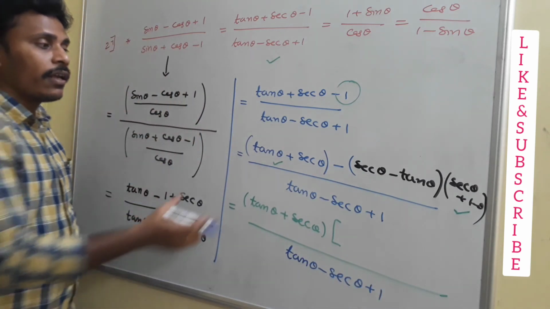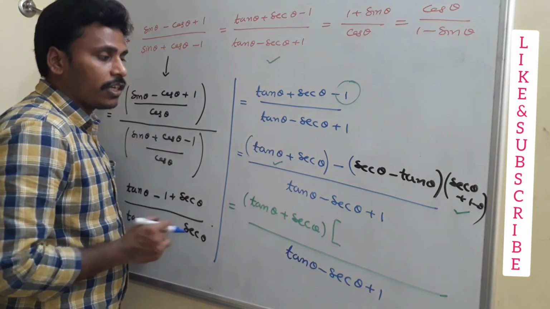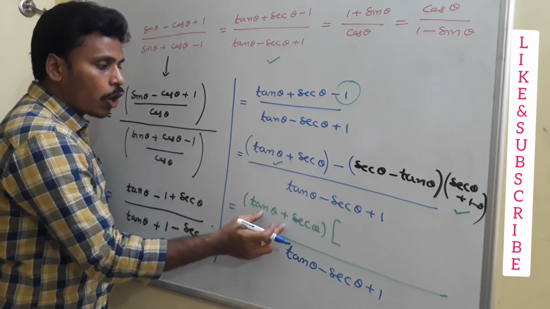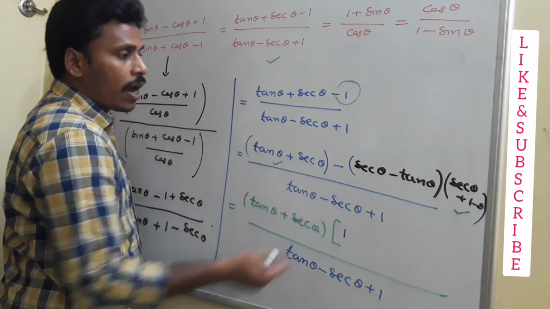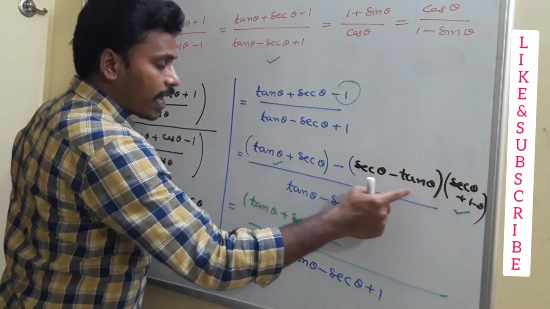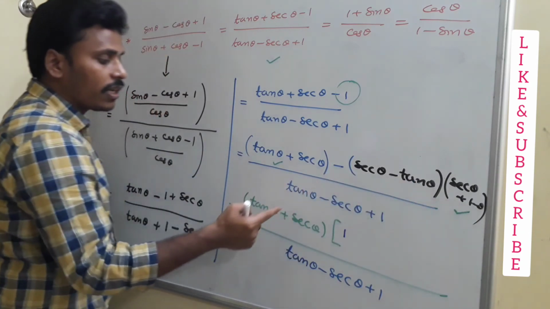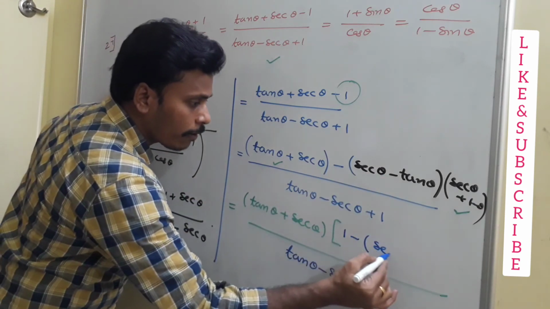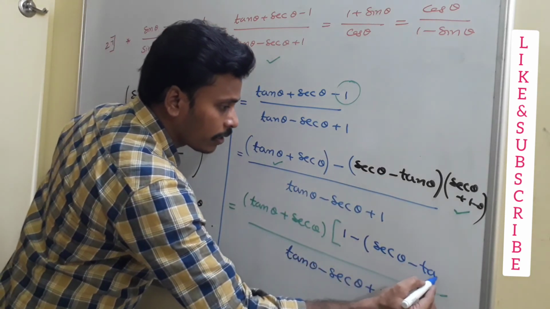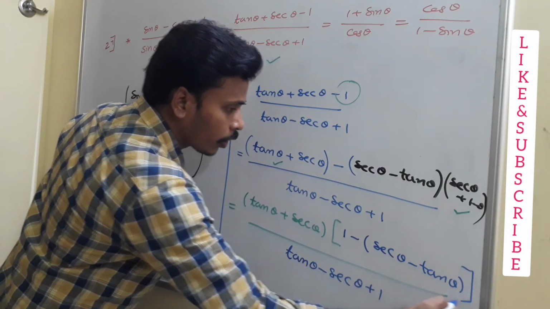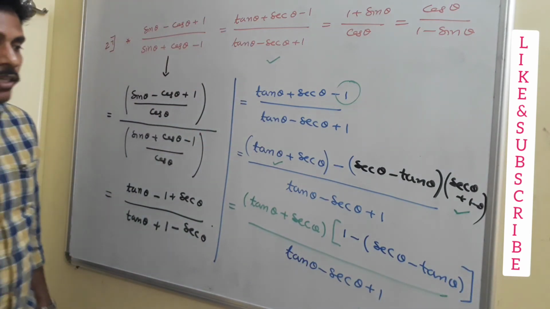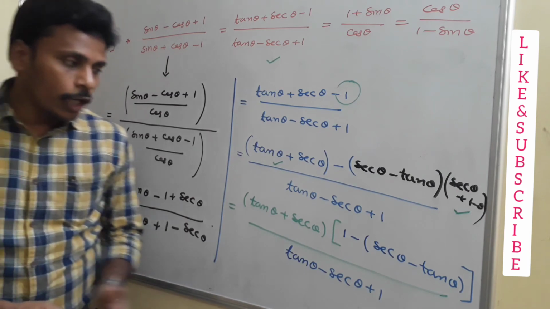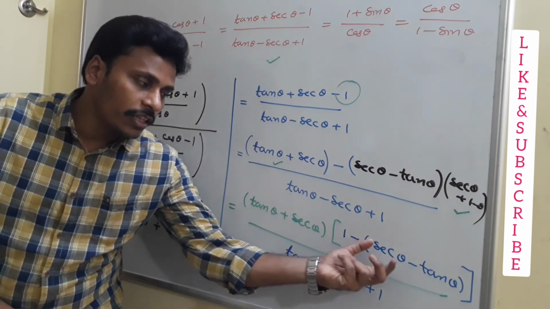In the numerator, if you common out tan theta plus secant theta, I write it outside, so 1 is left from the first term. And from the product, write the secant theta plus tan theta outside. You are left with what? Minus of secant theta minus tan theta. Look at that. And now it's a very simple task. Look at the denominator and look at the terms in this bracket.